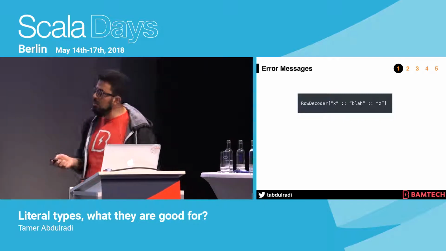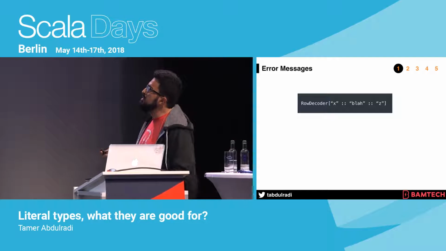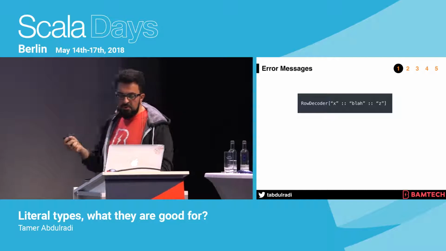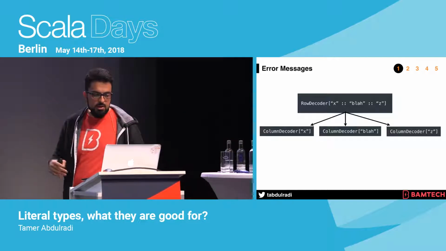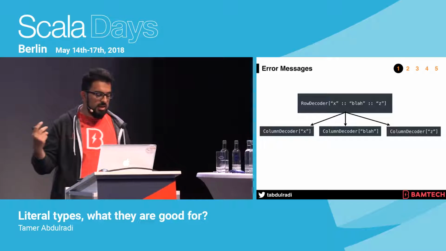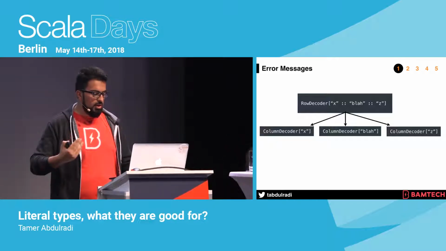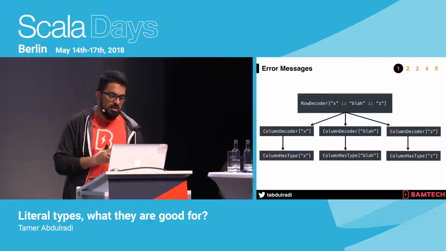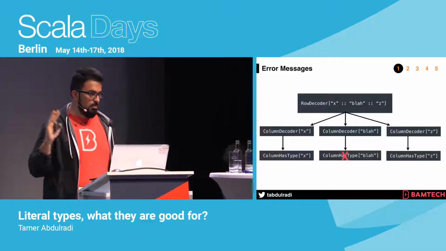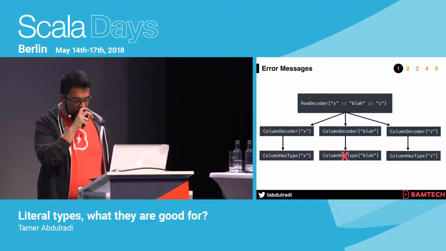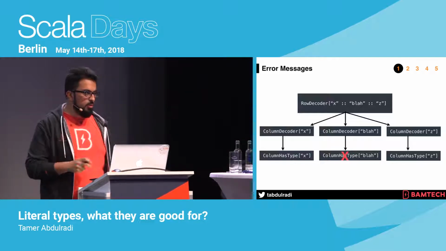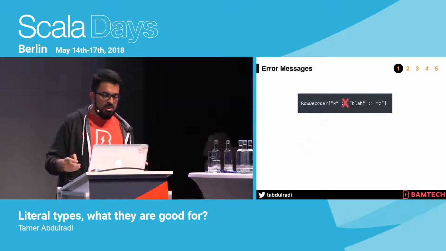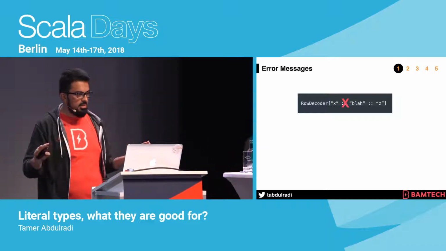If we ask the compiler for an implicit instance of a row decoder of something like this, the derivation is written in a pyramid shape. We have to find first an instance for column decoder, then column decoder has to find an instance for ColumnHasType. We know here that the problematic type is this one, blah. But the type system doesn't give you this information that easily. All you get is just that the whole big thing doesn't exist.